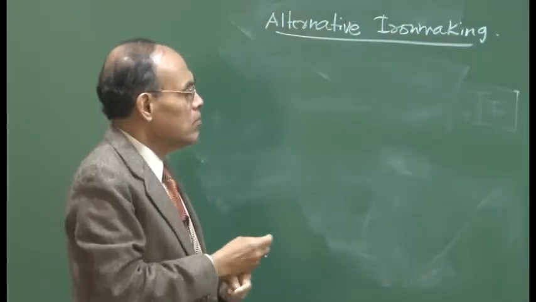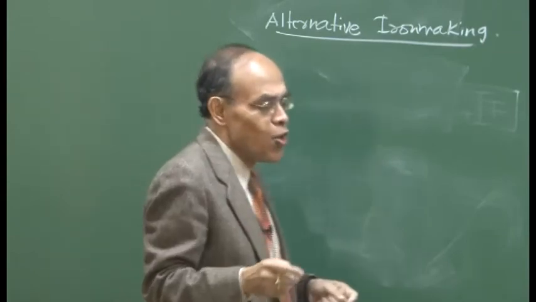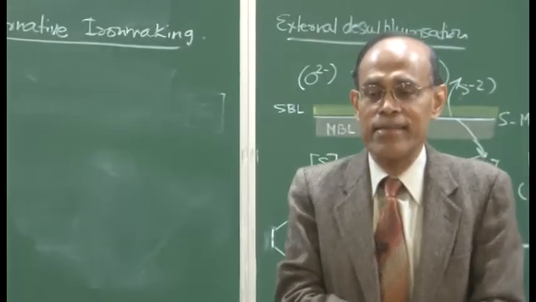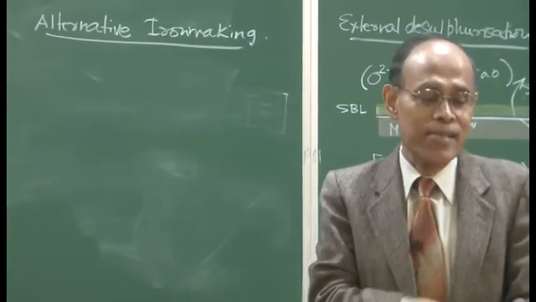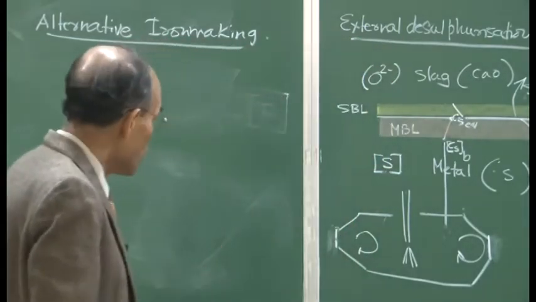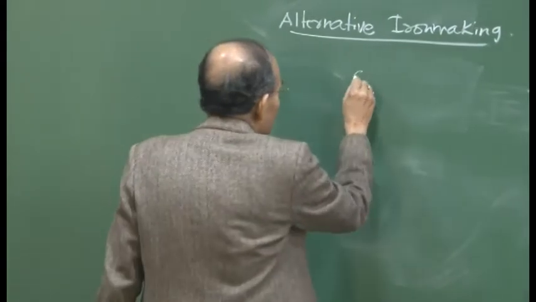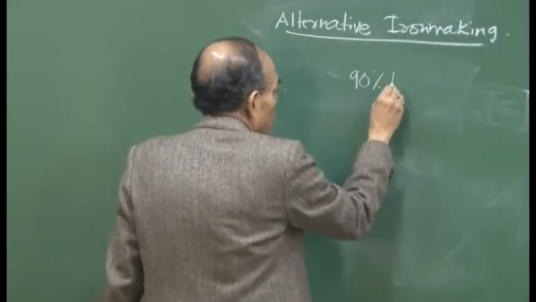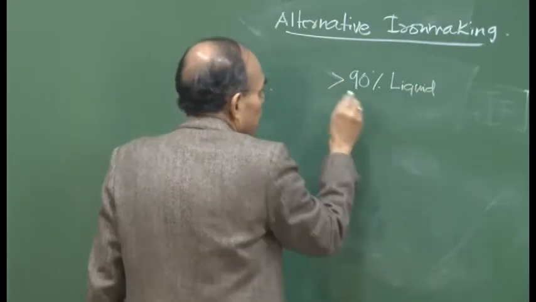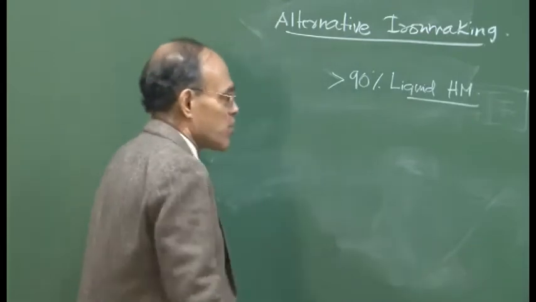Now, whether it is alternative or complementary iron making, what we have discussed so far is iron making through the blast furnace. And we all know that the blast furnace is the dominant iron production route, very efficient, and more than 90% of the liquid hot metal today is produced through the blast furnace.